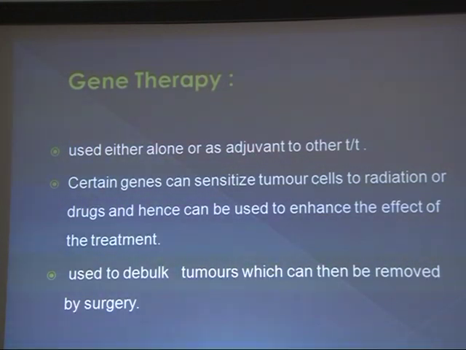Finally, we have something called gene therapy. What is gene therapy? Manipulation of genes. Ultimately, what is cancer? It is something wrong happening in the genes. So if we change the genes themselves, then we will be able to control the cancer. But the whole gene therapy is in infancy.